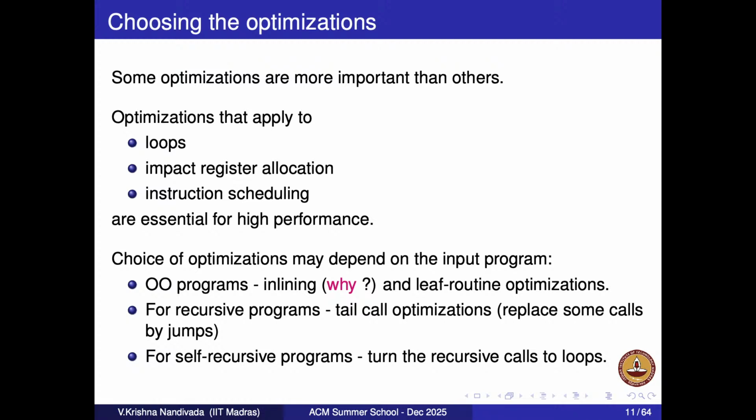When you have a deep recursive call, you're taking a lot of stack space. You turn it into a loop, I'm avoiding that overhead. So, horses for courses. Depending on my requirement, I may say for these types of languages, these types of optimizations are better. Correct?